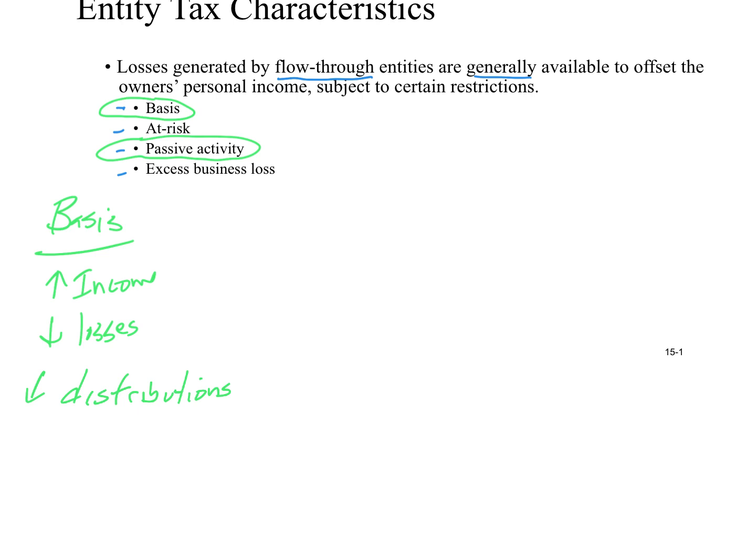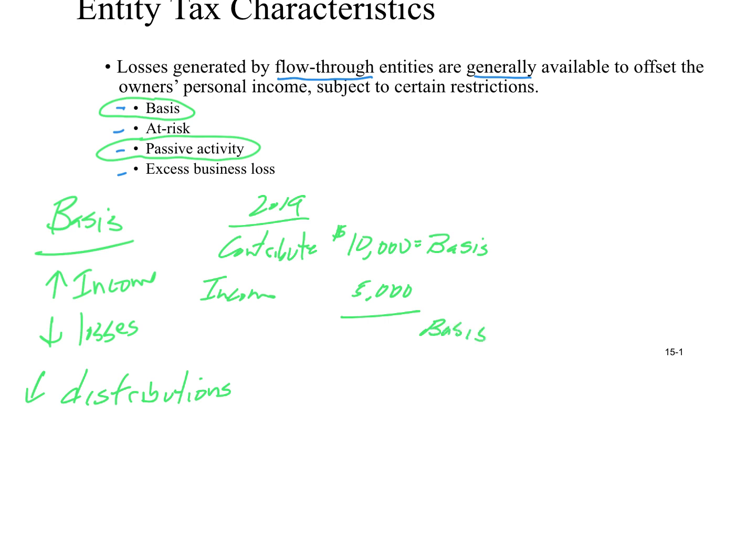So if, for example, you create an LLC in 2019, and say you contribute $10,000, your basis at the beginning of the year, when you make that contribution, is $10,000. Now, if over the course of 2019 you have income, and that income is, say, $5,000, then your end of year basis is $15,000. That basis at the end of 2019 is the 2020 beginning basis.